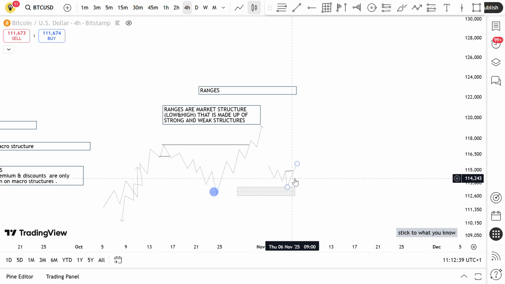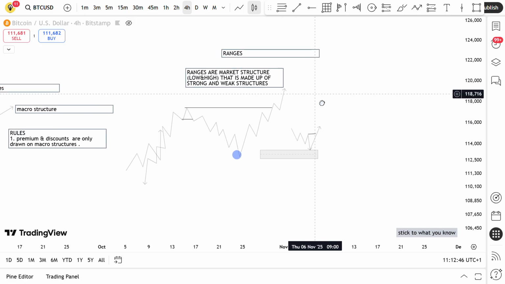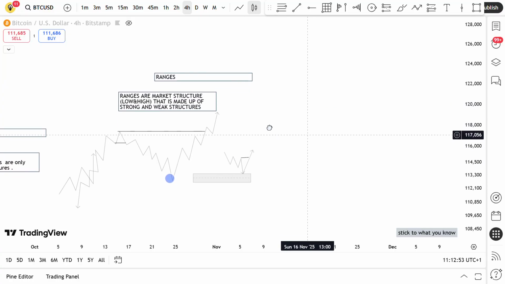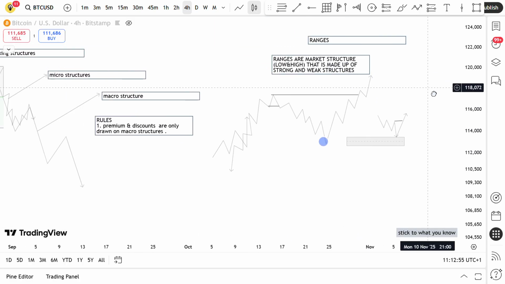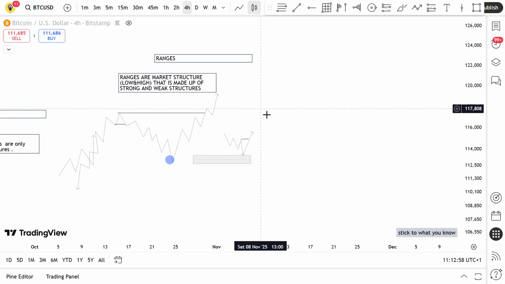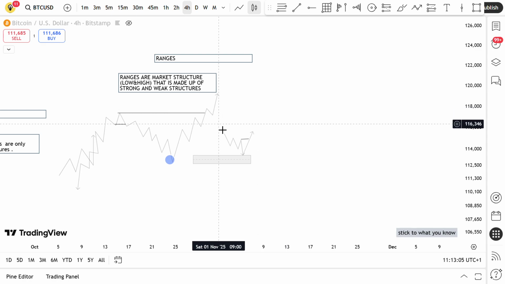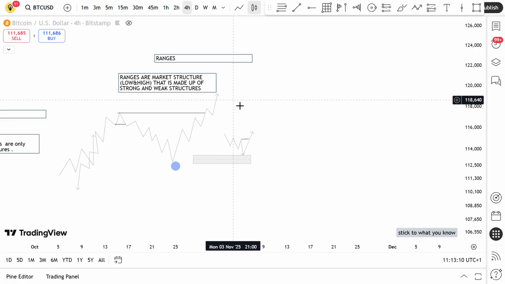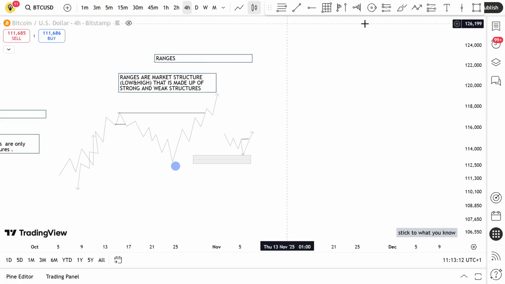So now we're going to look at how we can apply this to bearish structure too. We're going to look at market cycle, and how the market changes from bullish to bearish. So in this kind of market now, we have a strong low and a weak high. Now this is microstructure.